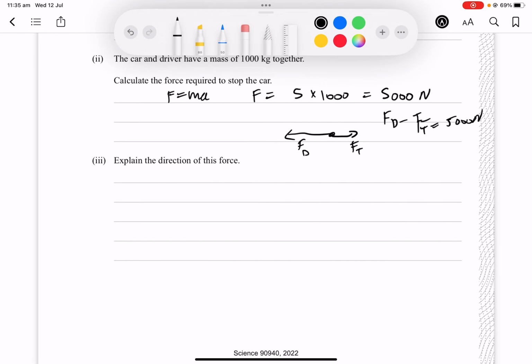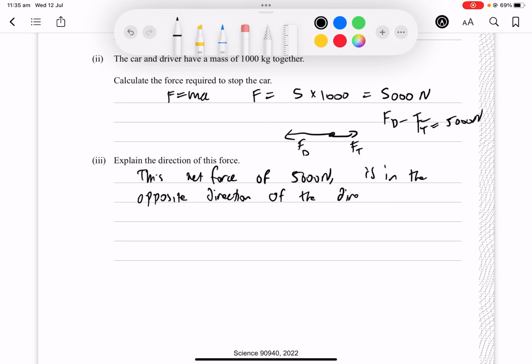And we want to explain the direction of the force. So this will be in the opposite direction that the car is traveling in. So this net force of 5,000 newtons is in the opposite direction of the direction of travel of the car.